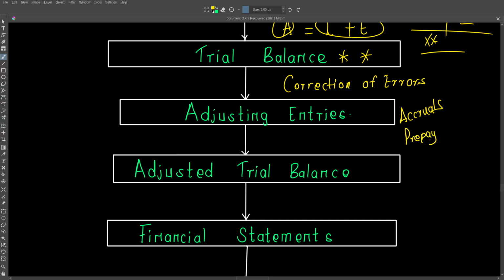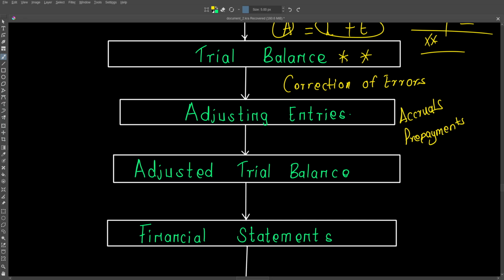So here we have prepaid expenses, we have deferred income, which is the same as unearned revenue, okay? We have accrued liabilities, okay? So for all these things we need to do adjusting entries. We have also depreciation, we have allowance for bad debt, okay?